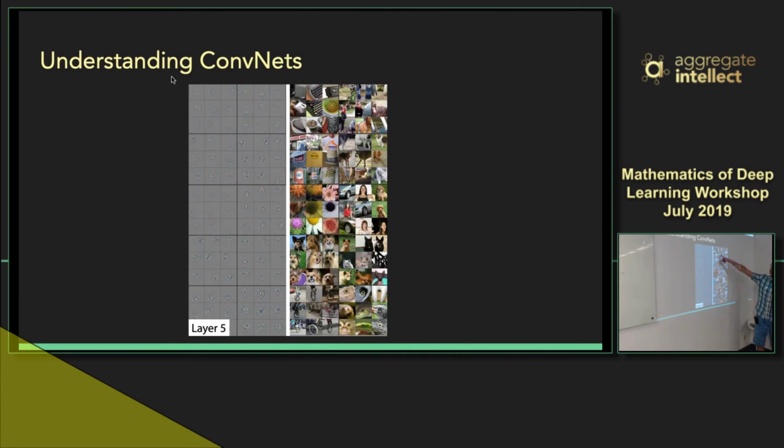This is layer 5. And it looks like beyond this, we have all flowers in one category. We have animals. We have birds and things like that. All right, and then we pass this on into dense layers, and then we do a one hot or whatever we are doing with that.